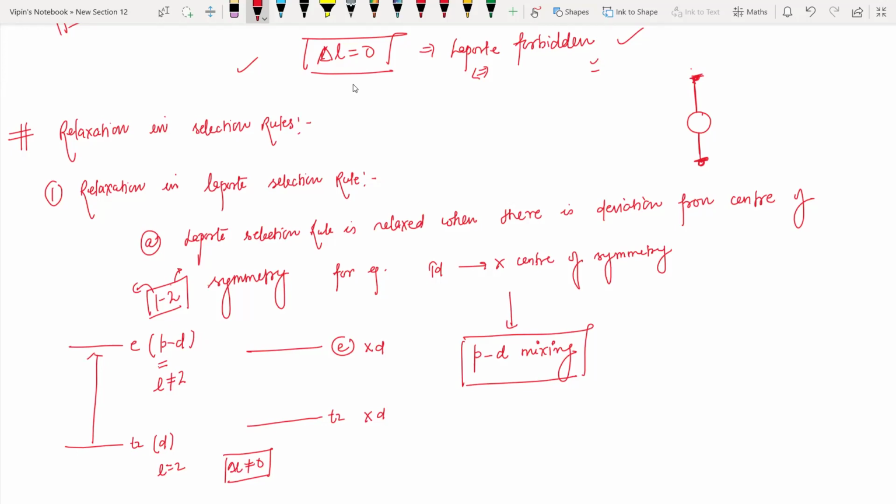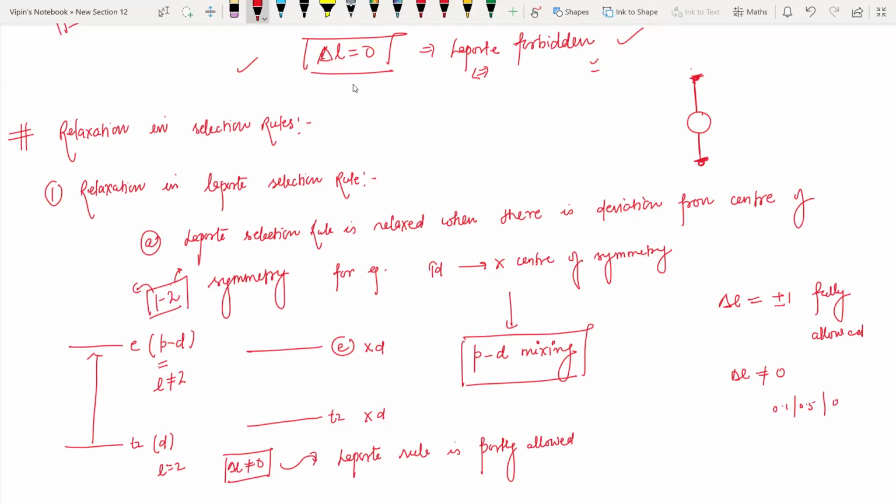It means the Laporte rule is partly allowed. The full allowedness of the Laporte rule is that if delta L is equal to plus or minus 1, then it is fully allowed. If delta L is not equal to 0, means it can be 0.1, 0.5, right?